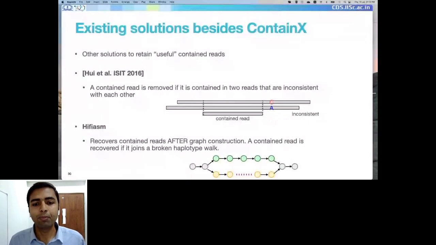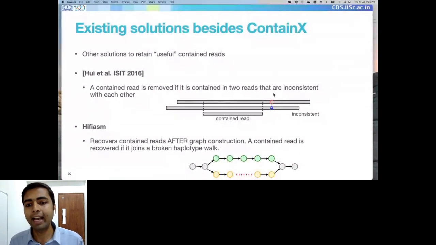Before I show you the results of our heuristics, here's a quick look at the existing methods. As I said, the paper from 2016 was the first to observe this limitation in string graph, and they identified a heuristic to retain the useful contained reads based on the read overlaps. They said that a contained read is removed if it is contained in two reads that are inconsistent with each other.